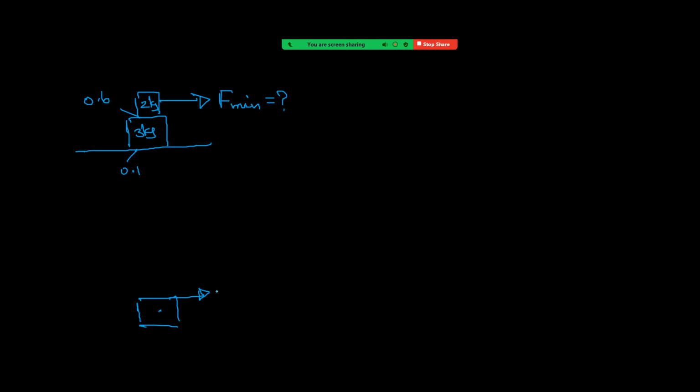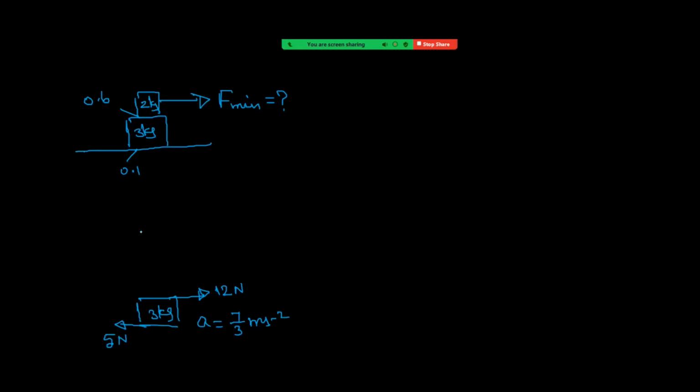That is 0.6, and at this contact the normal reaction is 20. 20 into 0.6 is 12. When this is 12, at this contact the frictional force is 5, 0.1 into 50. Net value 12 minus 5, 7. So acceleration is now 7 by 3. This is the maximum acceleration for the 3 kg block.